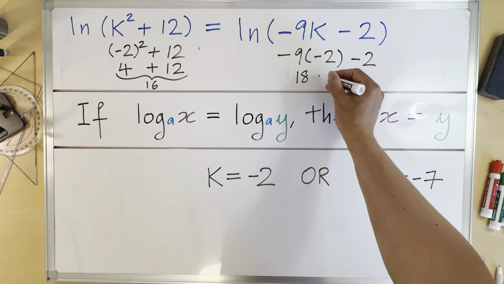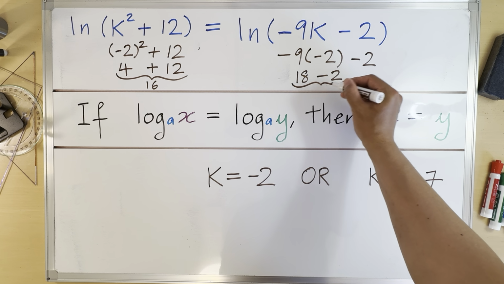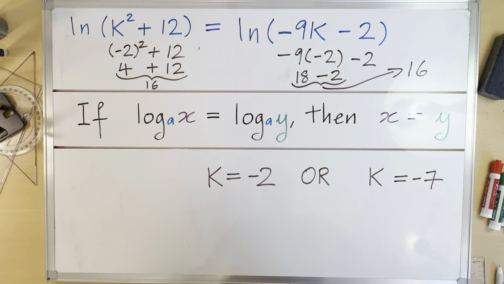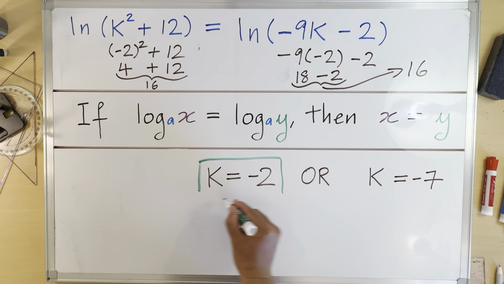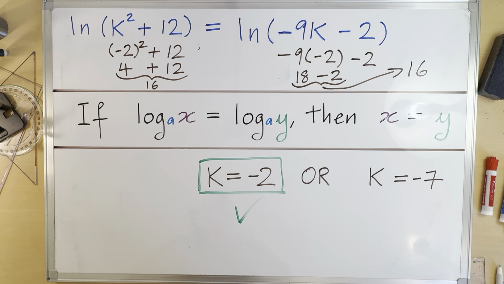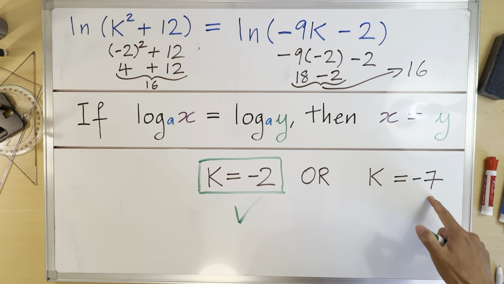Positive 18 minus 2 gives us 16. So therefore, this part right here works. Now we're going to try it with k being equal to negative 7.